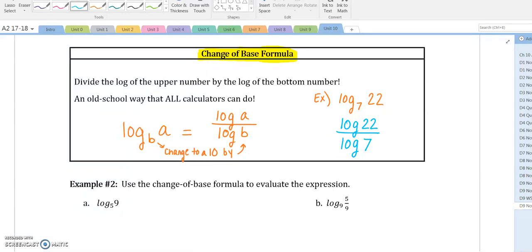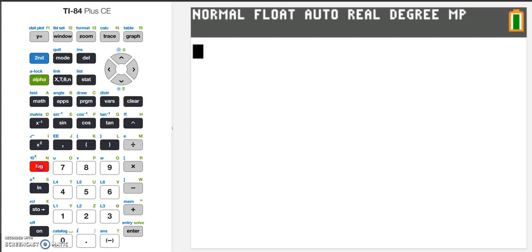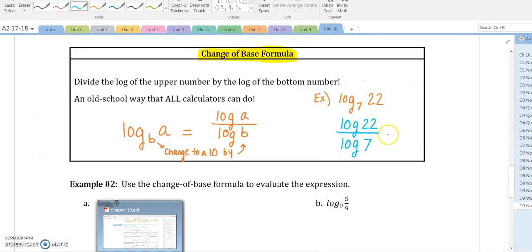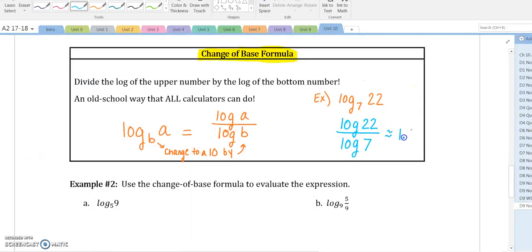When you type it in, we have to do log 22, close the parentheses, and then divided by log of 7. I would say like 1.59, 1.588, or 1.6, depending on what they tell you to round to. So I'll just say 1.59.